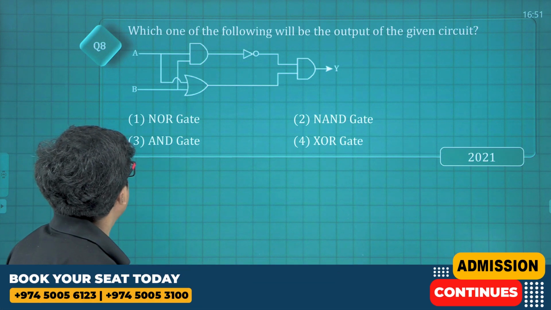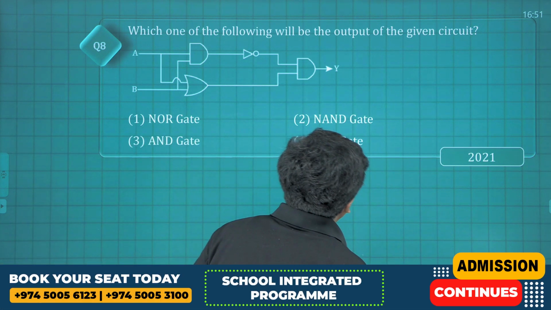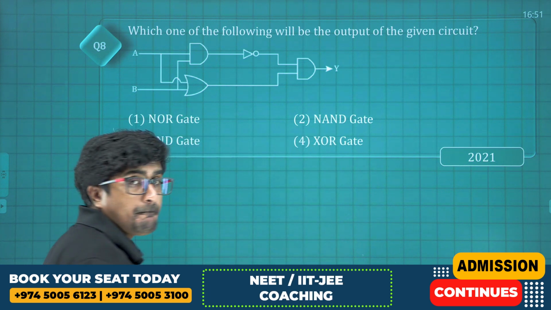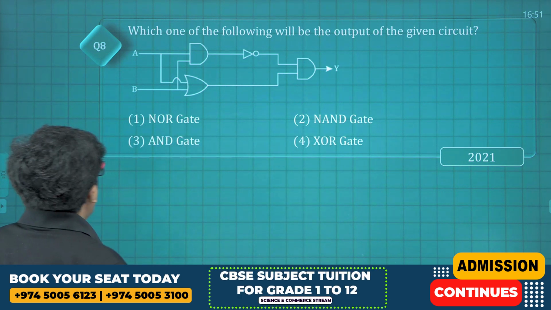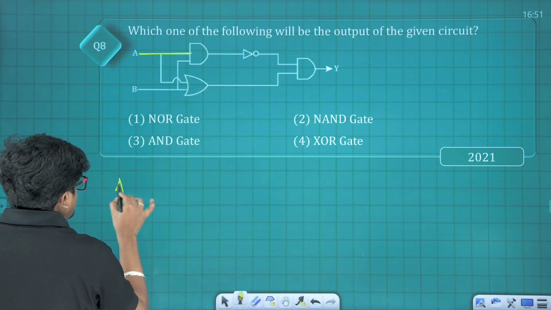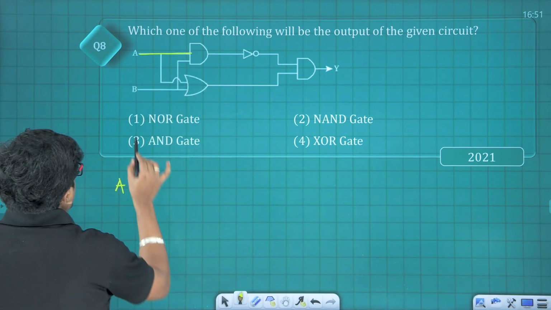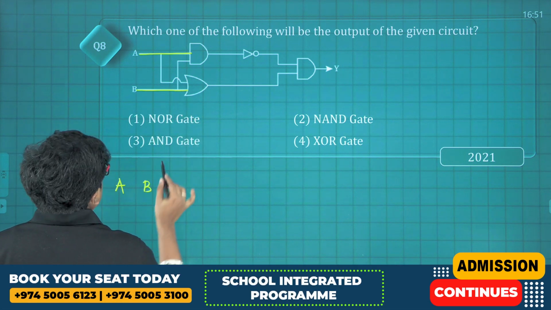The question says, which one of the following will be the output of the given circuit? Okay, now let's see what is the output here. I am having A here, and I am having B here. B is going like this, so I need B as well.